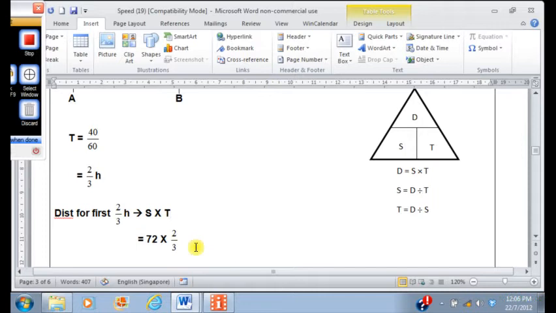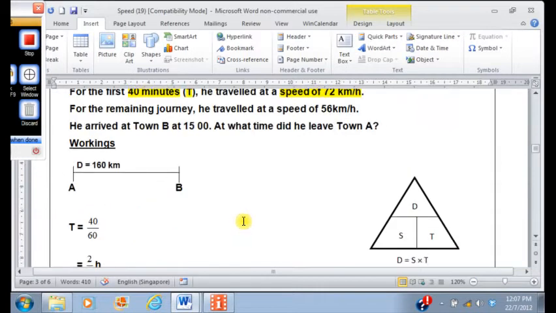And what does this give you? 48 kilometers. So distance for first 2/3 hours is 48 kilometers.